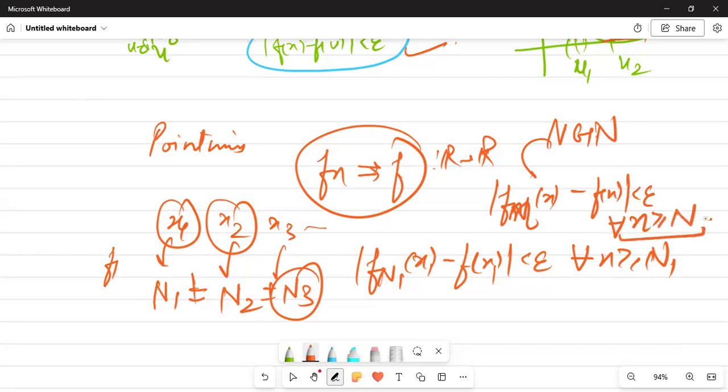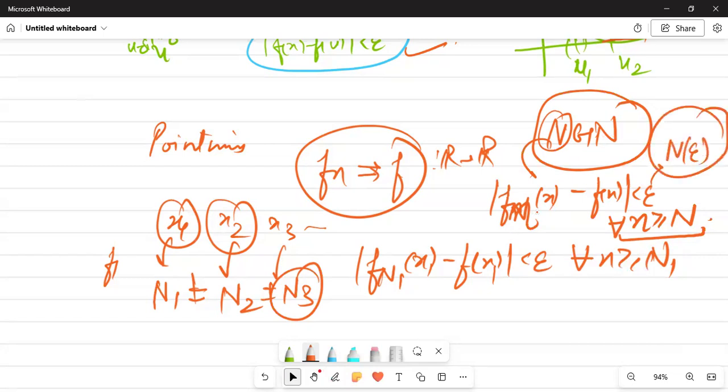You should get this n such that it doesn't depend on your x. It will just depend on your epsilon. So this n depends on your epsilon but doesn't depend on your x. In pointwise convergence, you might not get a uniform stage. That is the difference from uniform convergence.